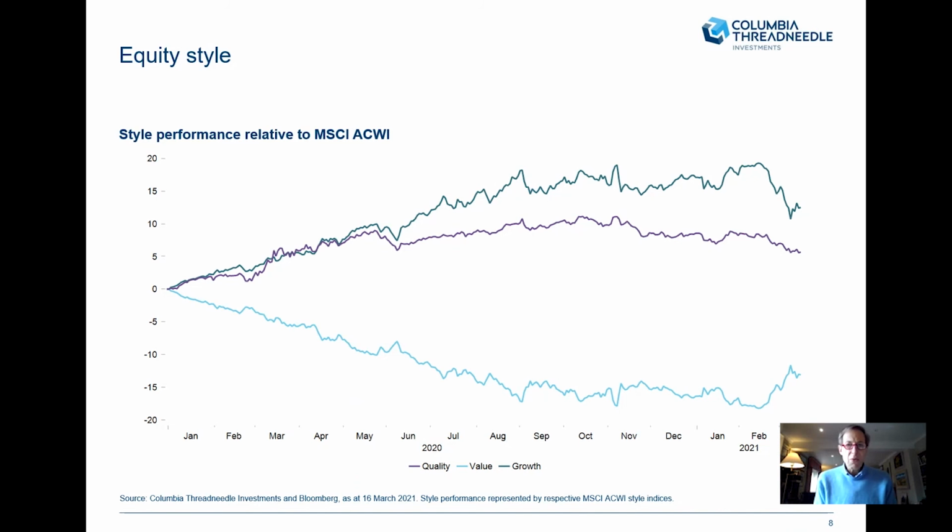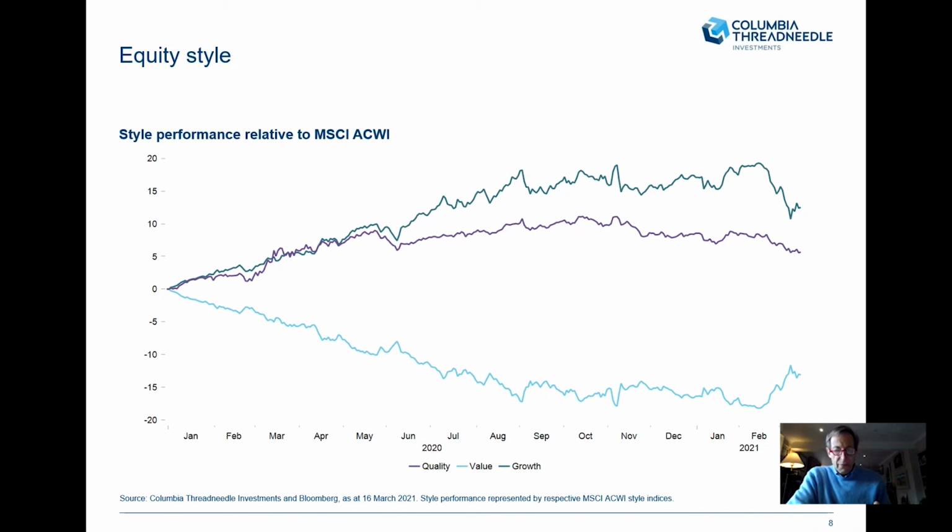So as I said earlier on, we've had a clear bias towards quality and growth, and that was very beneficial to us last year. But we always recognized that value wasn't going to underperform forever, and there would be a time when it would probably have a rally. And we did think that when the economic news looked better, which would probably be when we got good news on vaccines, that might change, and that was the case.